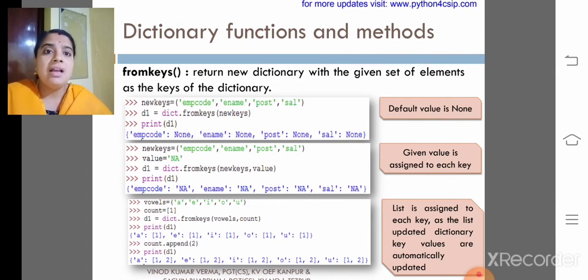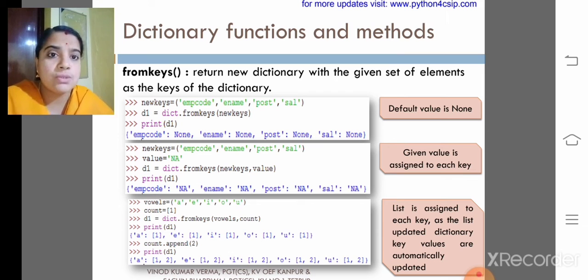My dear children, I think you are all clear about the functions we studied. Then fromkeys returns a new dictionary with the given set of elements as the keys of the dictionary. For new keys, here we are giving a tuple. Then fromkeys(D1) gives None.